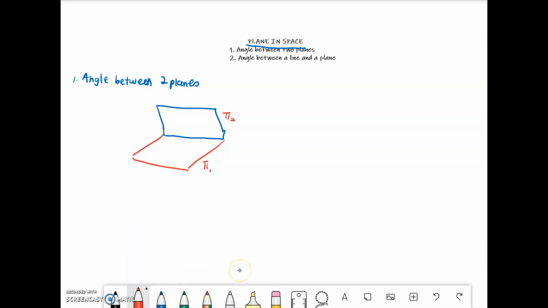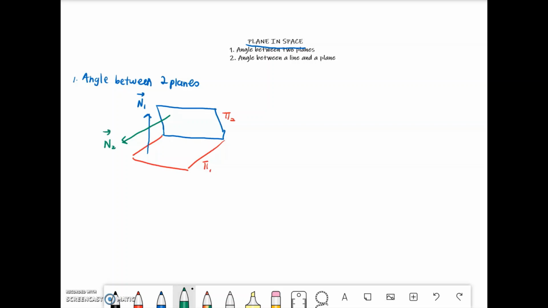For a plane, we know that it has a normal vector that is orthogonal to a plane. So this will be a normal vector of plane 1, and the second one, this will be the normal vector for plane 2, which is orthogonal to plane 2.